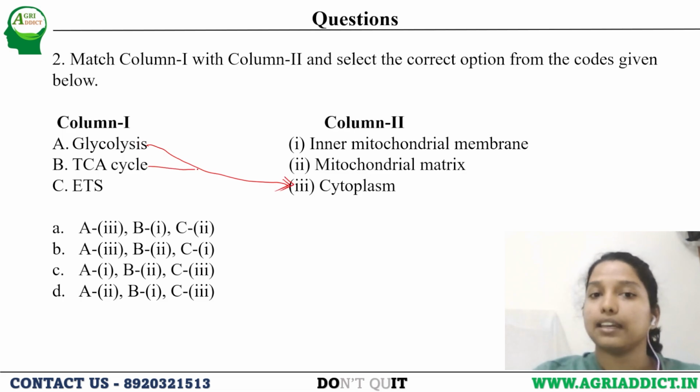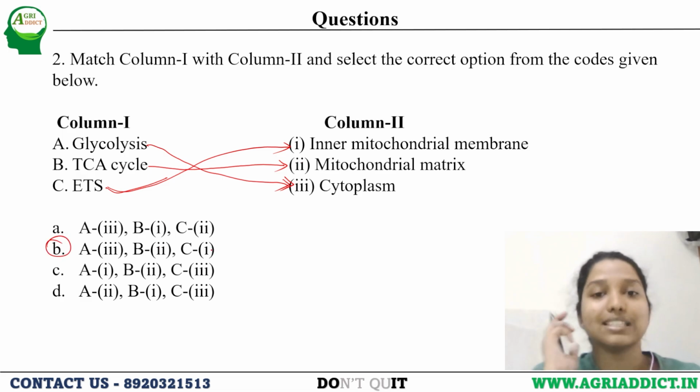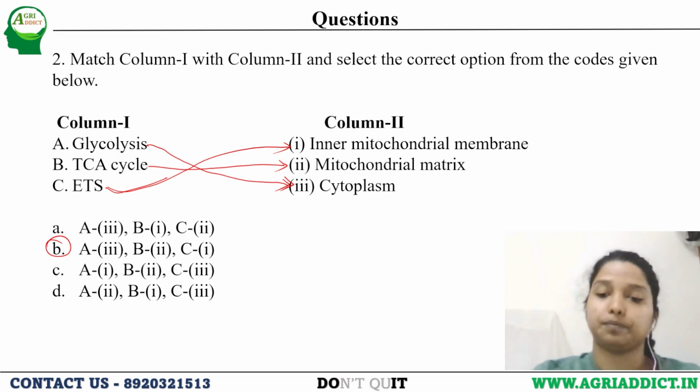TCA occurs in the mitochondrial matrix, whereas ETS, the electron transport system or chain, occurs in the inner mitochondrial membrane. So if we have to pair, it is A3, which is given in options A and B. Now comes B2, so the second option will be correct, and C1. This is how the question will be asked in the JRF examination. So you have to study based on the type of questions being asked.